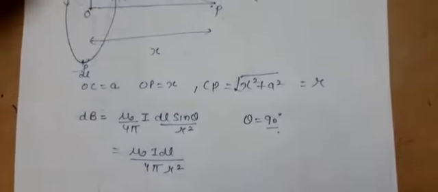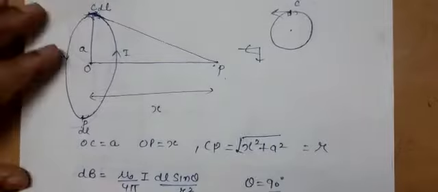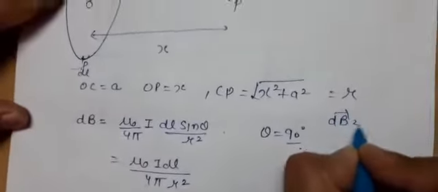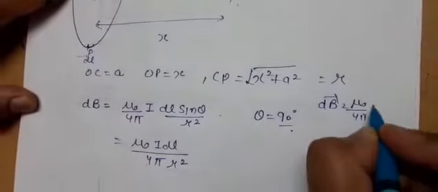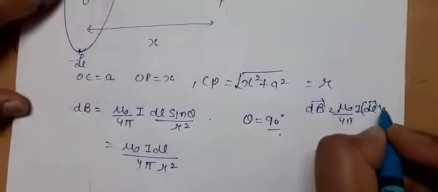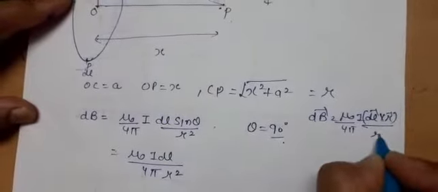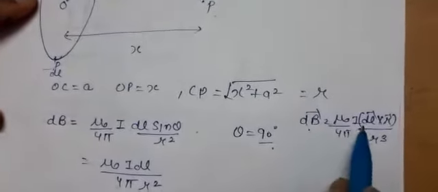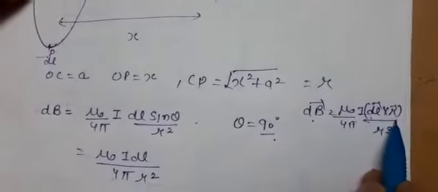Now, what will be the direction of the magnetic field? If I write it as a cross product, you can simply understand its direction: the magnetic field will be perpendicular to the plane containing dl and r.